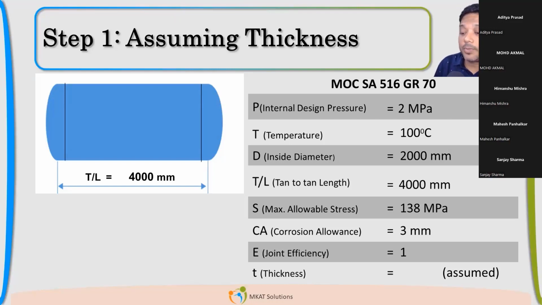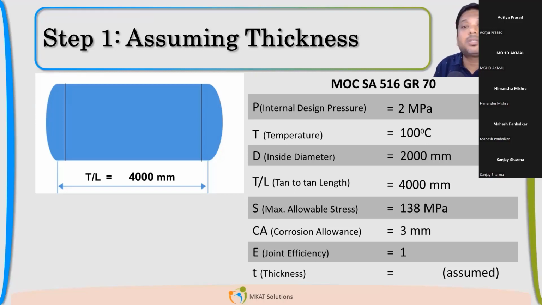Now we have all the inputs, right? Now we want to do the calculations based on UG-28. The starting point is assuming the thickness, because unless I assume the thickness, I won't be able to find the Do/t ratio.